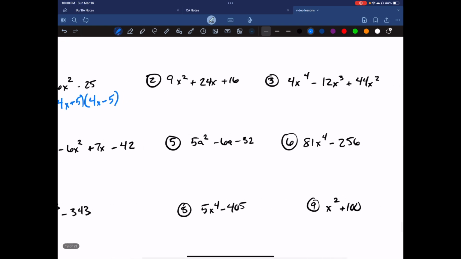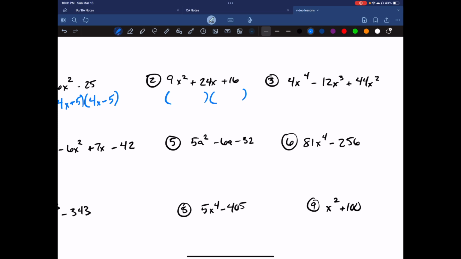On number two, this is not a difference of two squares. We have a middle term. So I'm going to have to do one of two things here. I'm going to have to factor using the AC method, which we'll do in a second, or if you look at the first term and the last term, and they're both perfect squares, then give this a shot.